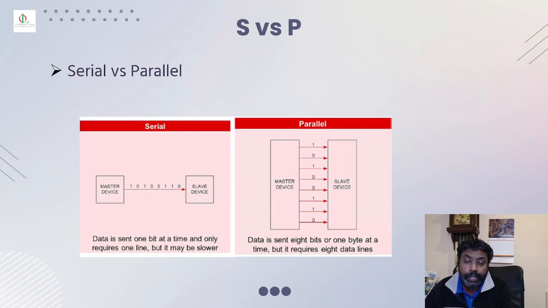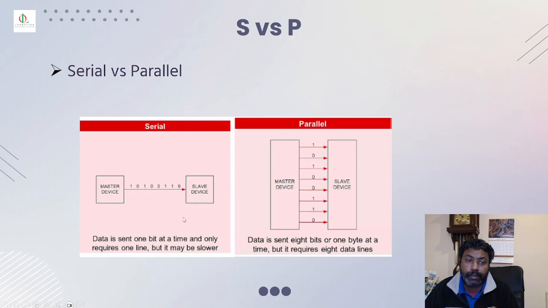Also, when we talk about communication protocols, there are two types, as you may remember, serial and parallel. SPI is a serial communication protocol.